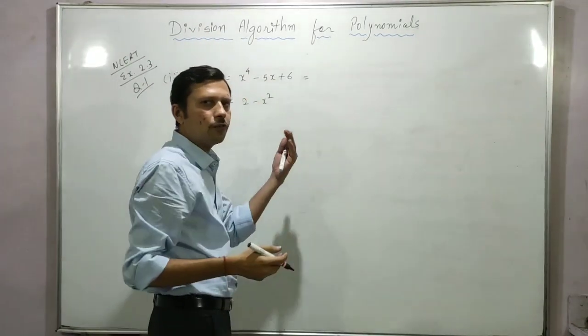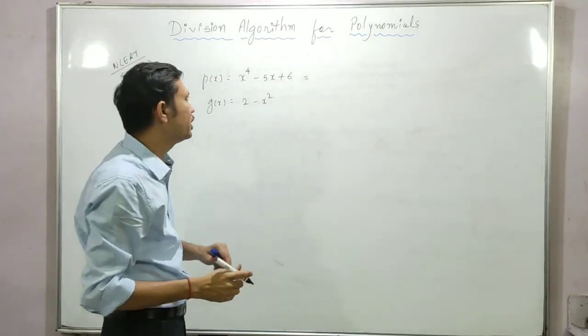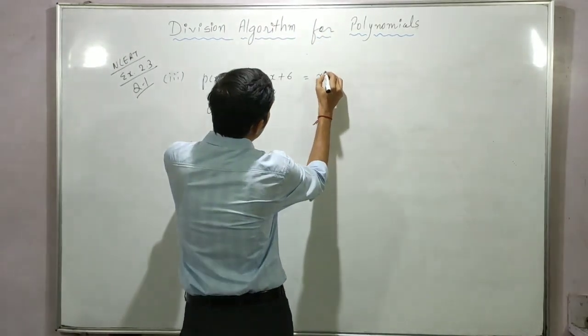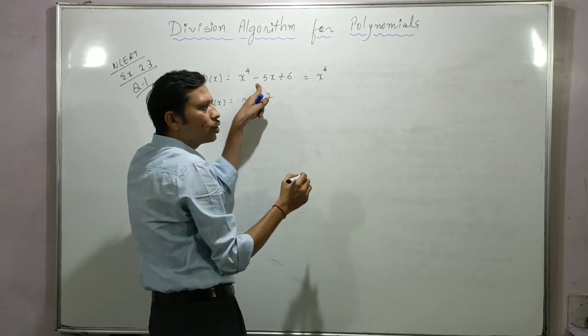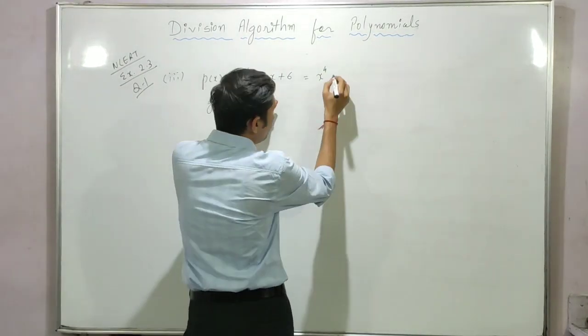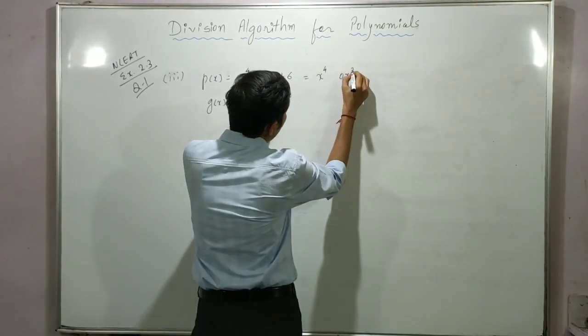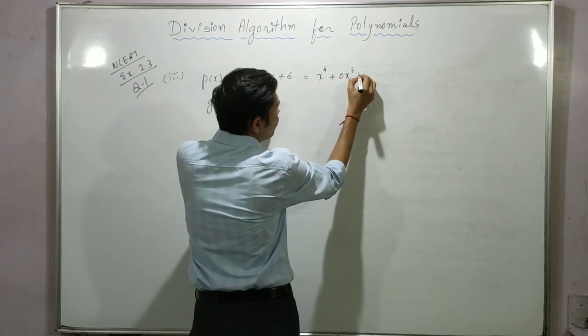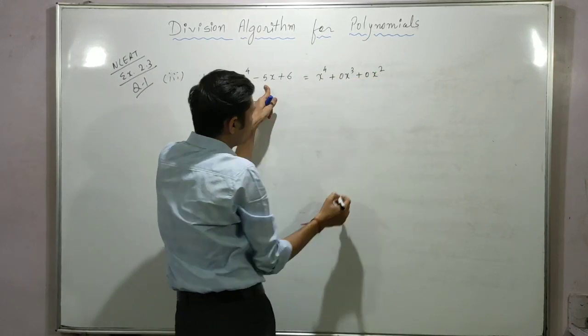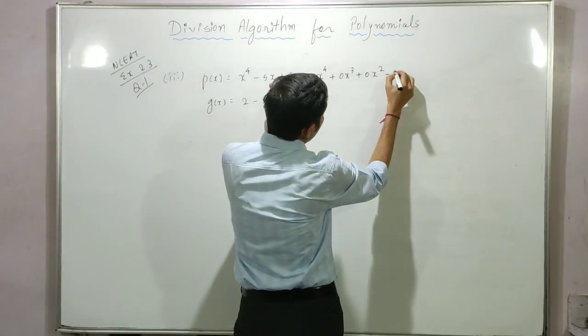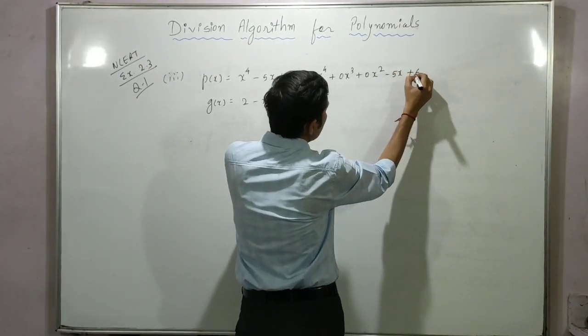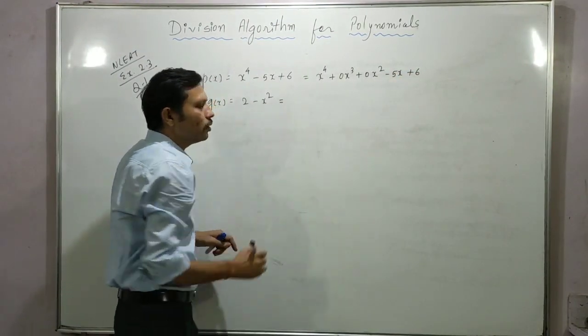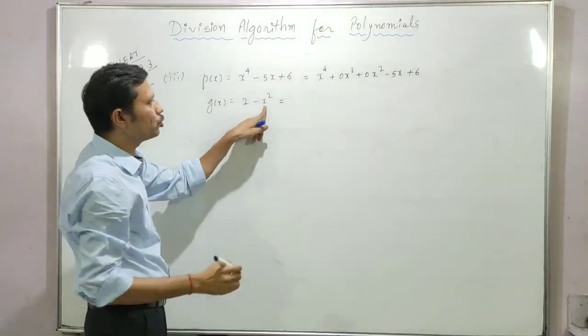Now first of all we will arrange both the polynomials in standard form. So x to the power 4, then see the x cube term is missing and the x square term is missing. So I will write down both the terms with 0 coefficient to make our calculation easy. Then after that minus 5x and plus 6. Now g of x is equal to 2 minus x square.